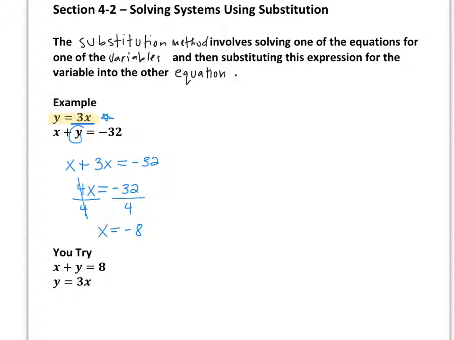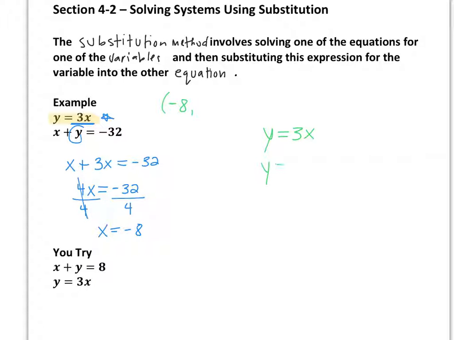All right, and now once we have found that value, x equals negative 8, well, remember an ordered pair is a set of x and y. So there's our x, negative 8, but we still need the y value that goes with it. To get that y value, we're going to go back to our initial equation, y equals 3x, but now we're going to substitute that negative 8 in for our x.